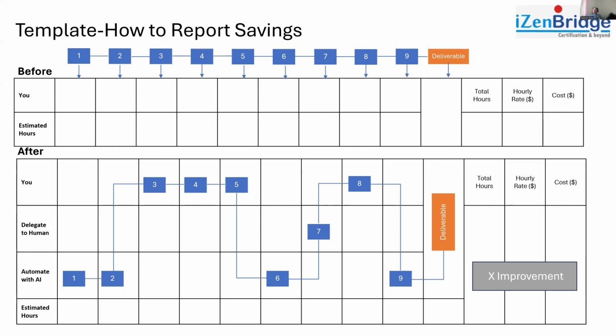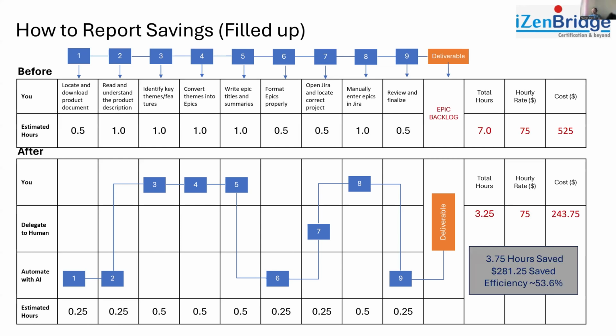Again, in line with this template, this is another example. If I want to create an epic backlog, in the past this was the estimated number of hours that I used to be spending. These were the different activities that I was doing. Now, the same activities we still do, but there are certain activities which AI is doing for us.